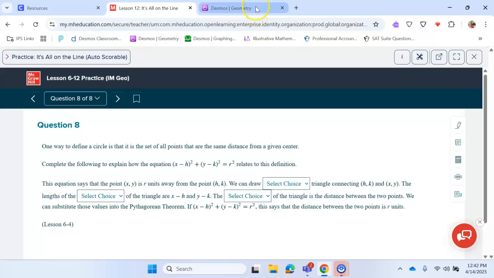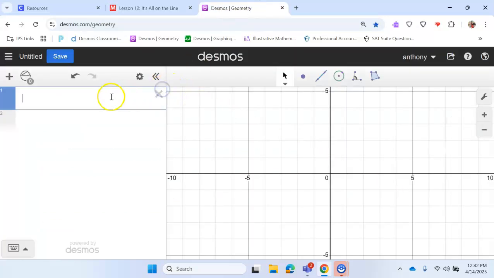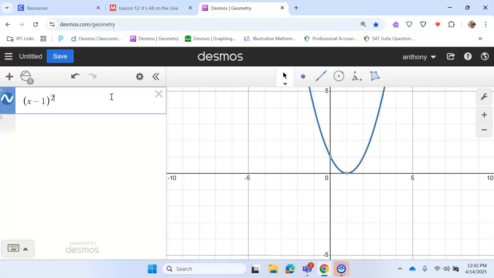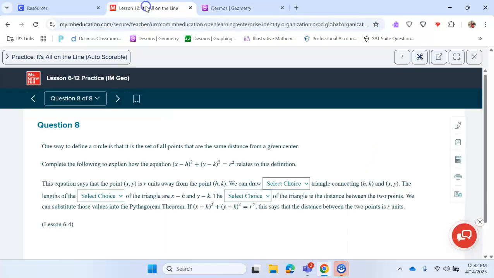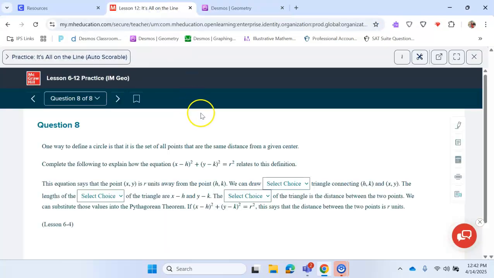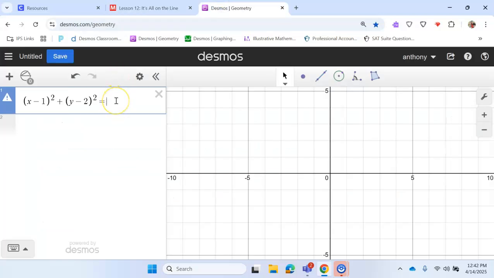Let's say h is 1, k is 2, and that equals r squared. Let's say that r is 3, so 3 times 3 is 9.